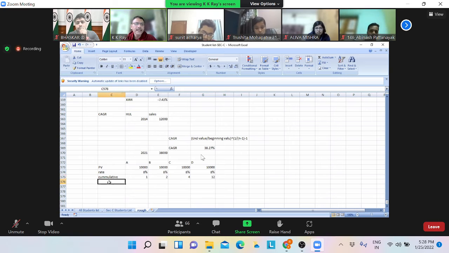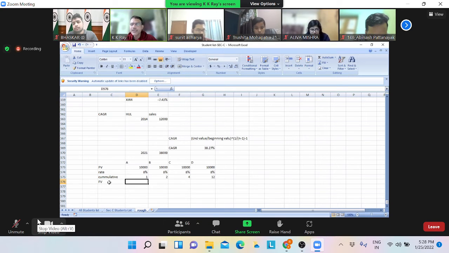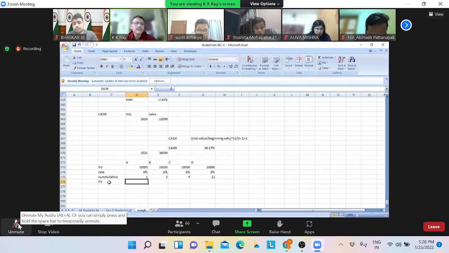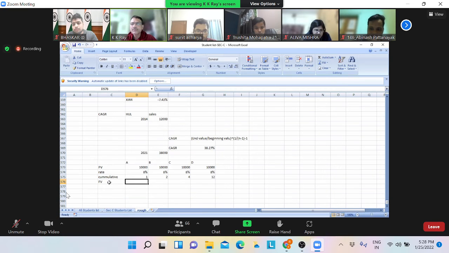Can you quickly tell me the future value? First one, future value is how much?